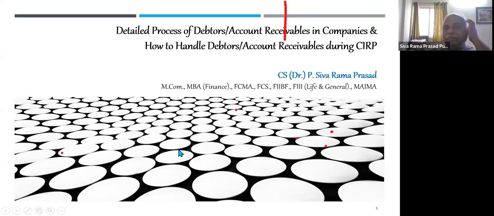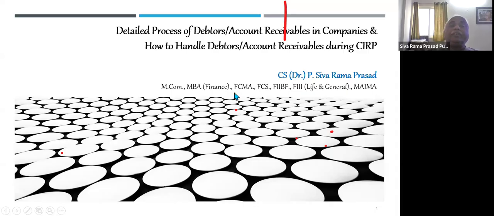Deferred payment guarantees, and some of the guarantees after a certain time, they mature. Once matured, the bank will return the security as well as the cash margin or margin money. All these things are to be looked into by the interim resolution professional or resolution professionals.